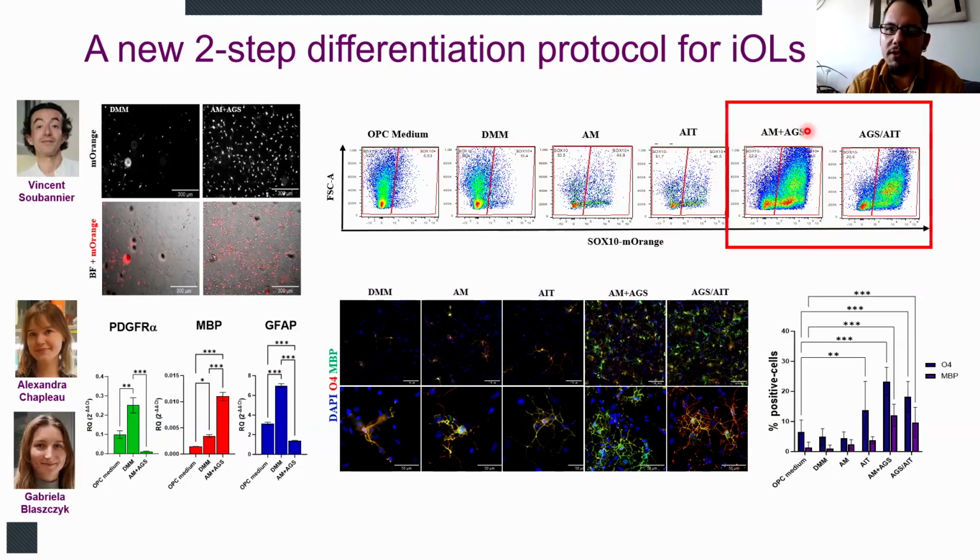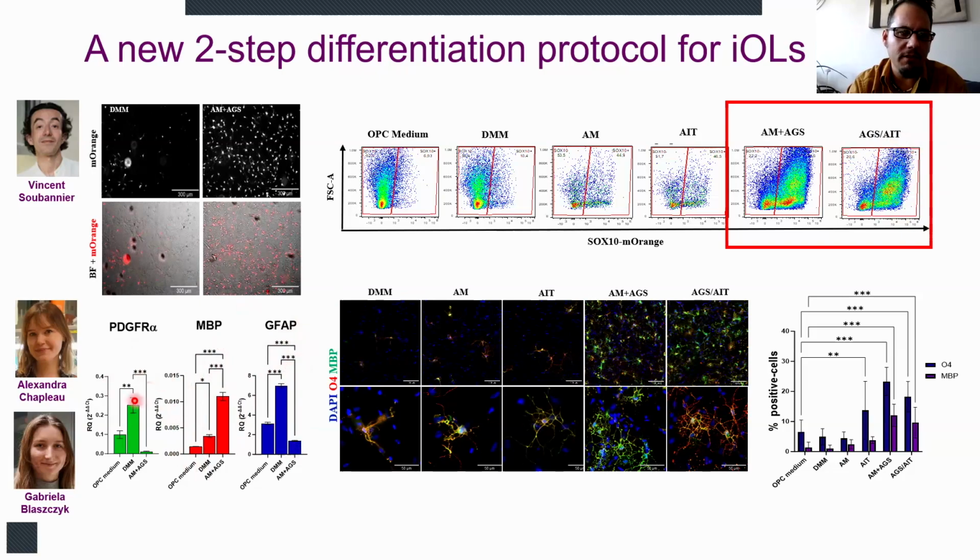Once we withdraw these supplements, we introduce IGF-1 and T3 that are known drivers of oligodendrocyte maturation, and this leads to a greater percentage of SOX10 cells. Well, not so great, but what improves really is the expression of the MBP gene and the downregulation of the astrocyte GFAP gene.